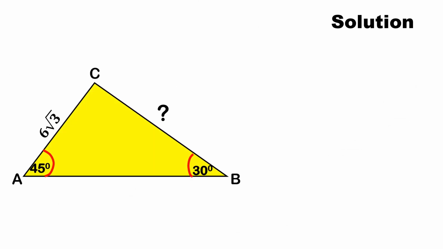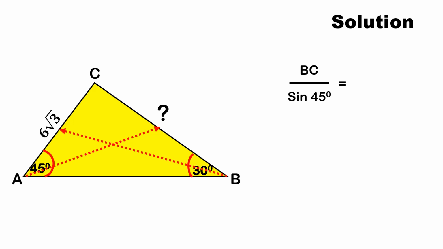In the picture, it can be seen that angle A is 45 degrees, opposite side BC. So we get the ratio of BC over sine of angle A. Then angle B is 30 degrees, opposite side AC. So we get the ratio of AC over sine of angle B.